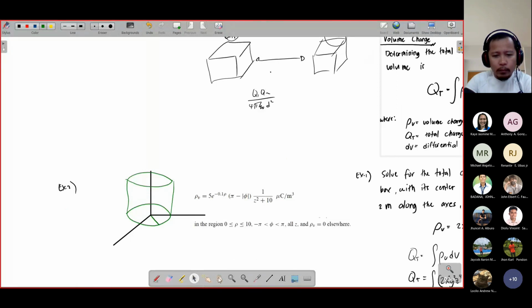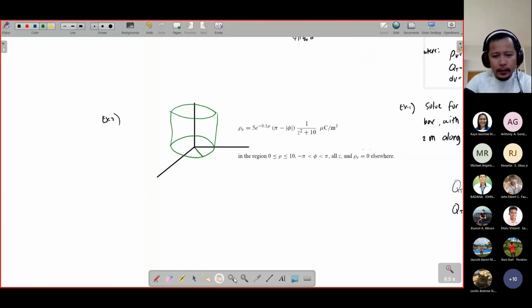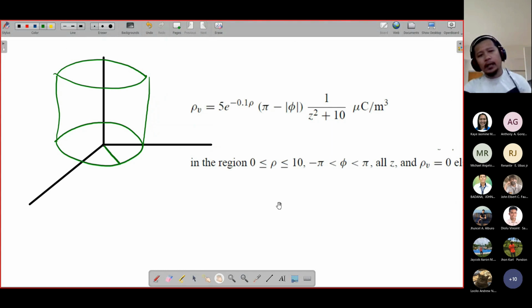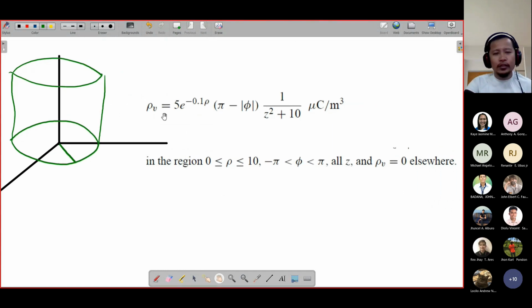Okay, this is the example. You have here a given volume charge density, 5e. By the way, this is rho.